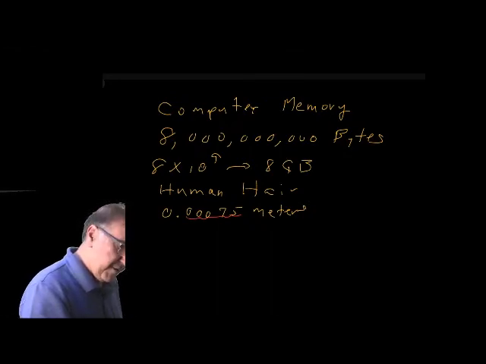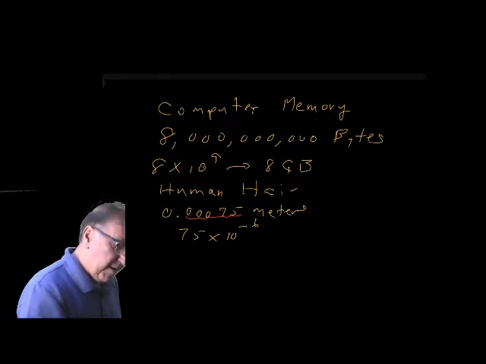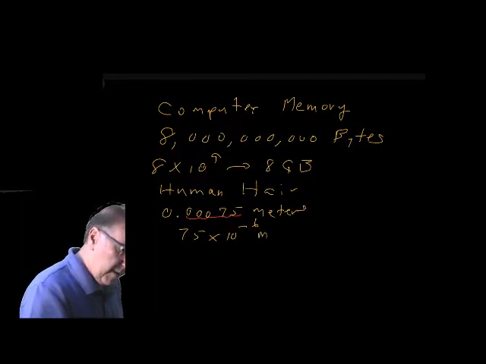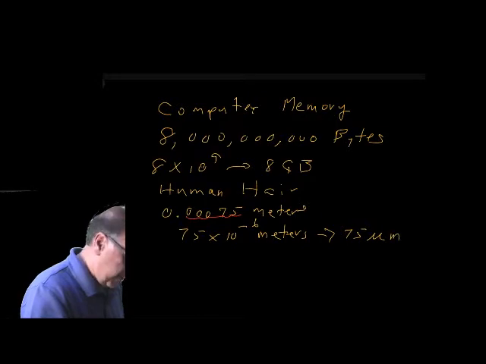So then that becomes 75 times 10 to the minus 6th, because remember, this number has to be between 1 and 999, meters, which equals 75 micrometers.